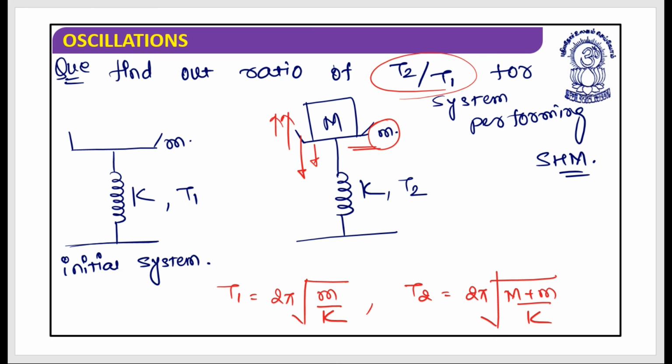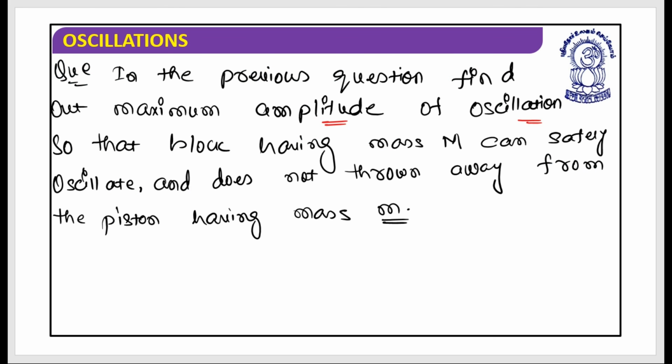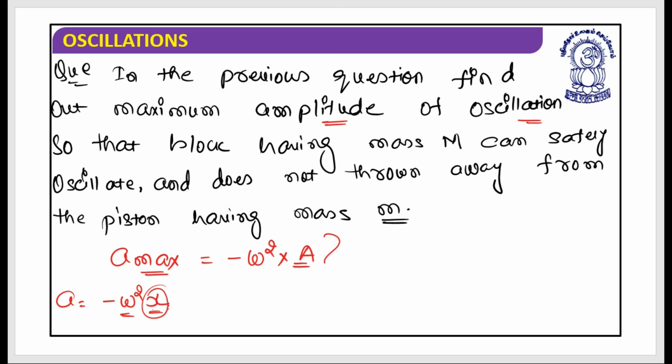How will we do this? What I understand is that the maximum acceleration could be equal to minus omega square into a. When I say maximum, that's why I have written a. Otherwise it was a equals minus omega square x, but omega never changes, only x could change, and the maximum displacement is what we call a.